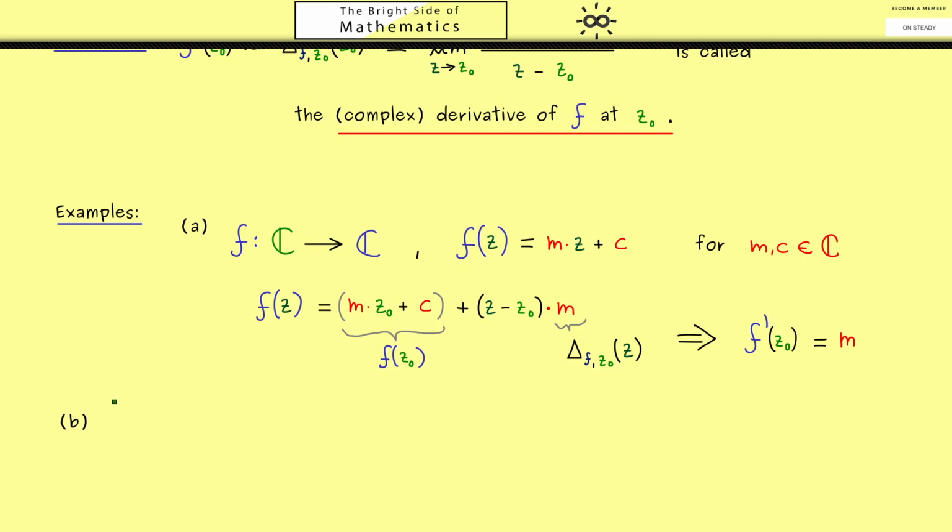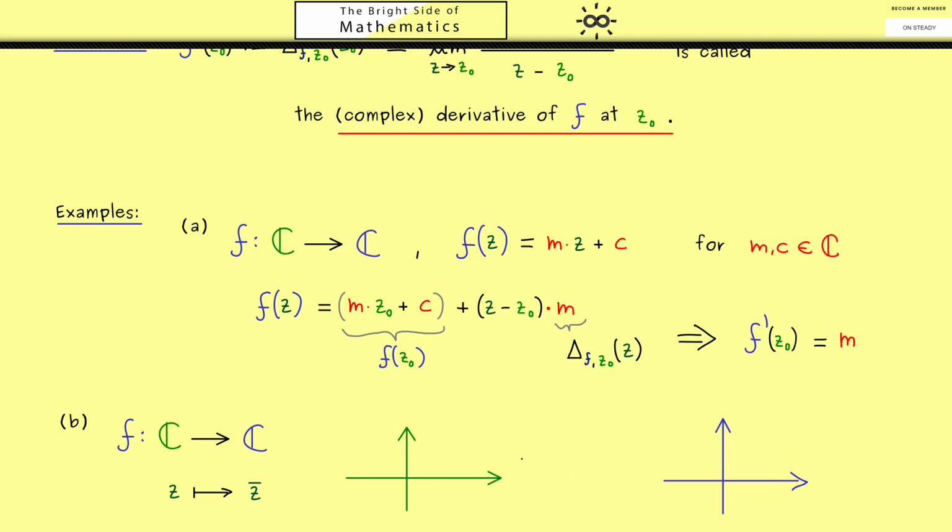Okay, for the next part, let's look at an example where the function is not differentiable. Again, let's take the domain as the whole complex plane. And now the definition of the function should be that z is sent to the complex conjugate of z. So with our notation, we would write z bar. So you see, this is not a complicated function at all. To see what the function does, let's draw the input space here and the output space here.